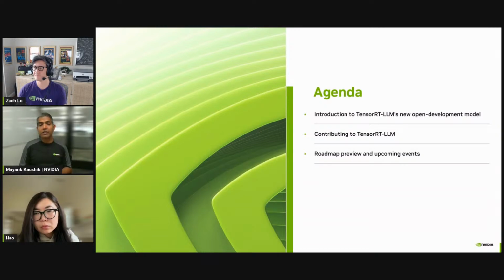We'll start off by talking about how we've made changes to TensorRT-LLM's development model, how it differs from the way we used to do things previously, and the kinds of problems it has solved. We'll do a deep walkthrough on contributing to TensorRT-LLM on GitHub. And towards the end, we will talk about the roadmap of TensorRT-LLM and also talk about upcoming events.